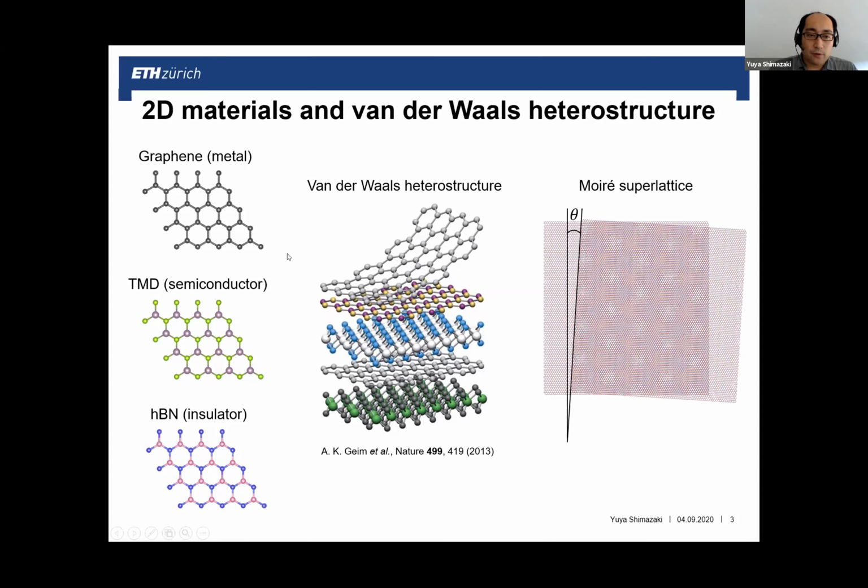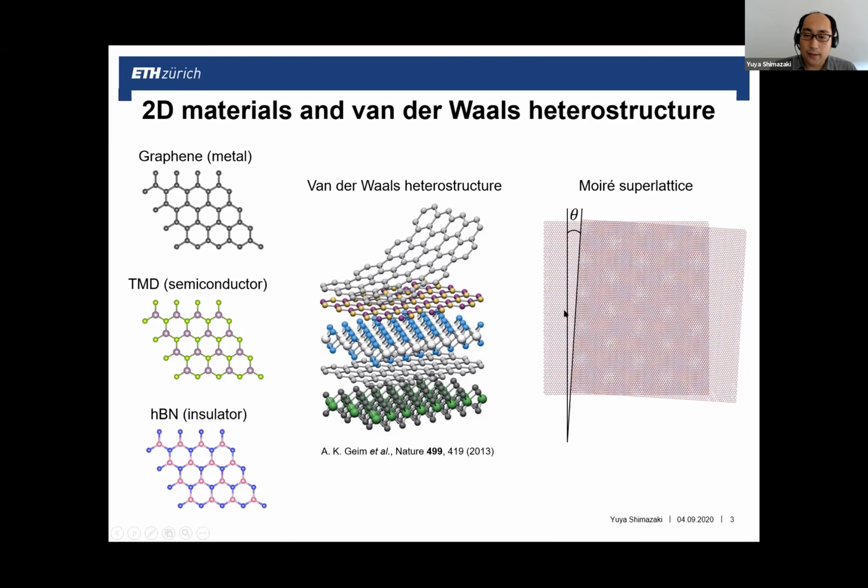We can assemble these 2D materials together and fabricate arbitrary heterostructures, called van der Waals heterostructures. In addition to this stacking degree of freedom, we also have a twist angle degree of freedom between different 2D materials.